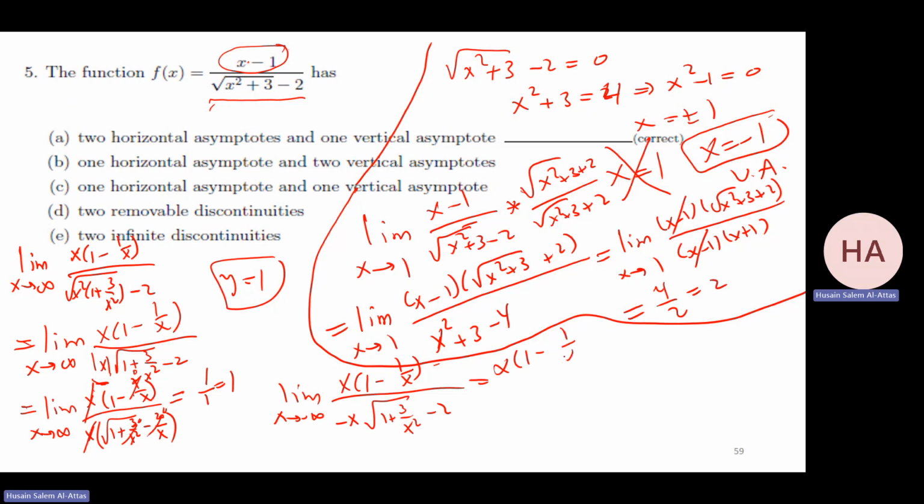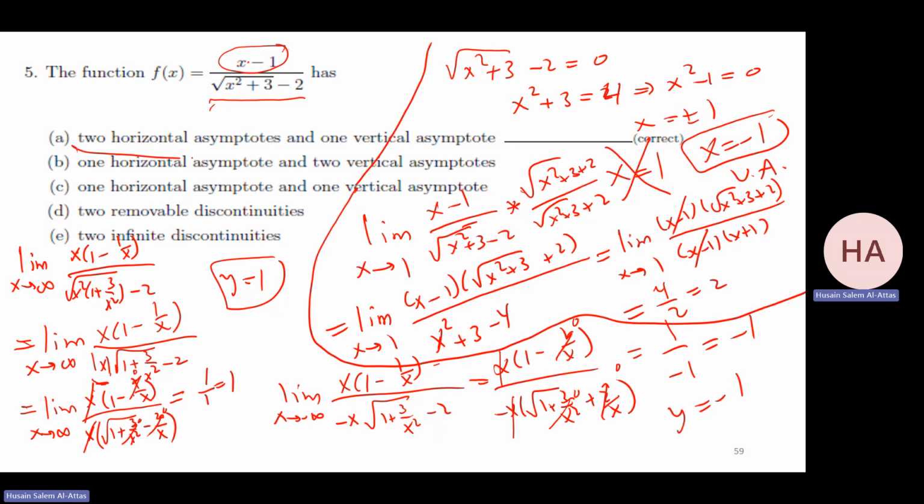So I took minus x as a common factor, and I'm getting plus 2 over x. So this is cancelled. This is 0. This is 0. This is 0. So I have 1 over minus 1, which is minus 1. So I have another horizontal asymptote, which is y equal minus 1. So I have 2 horizontal asymptotes, 1 vertical asymptote.